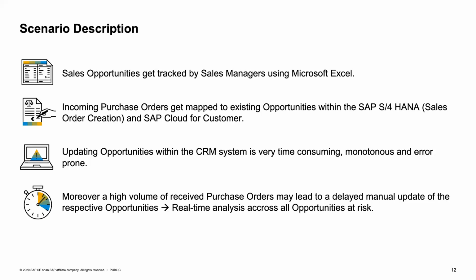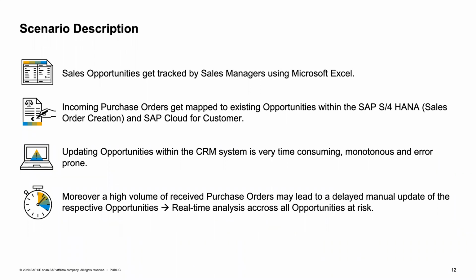In addition, we focus on a process which is quite common. Especially at the end of the quarter, customers send a lot of purchase orders if your business runs well and they request goods or services. To close the quarter, it's crucial to book and map the respective sales orders with opportunities as soon as possible, so that you can have a real-time analysis for your financial reporting.